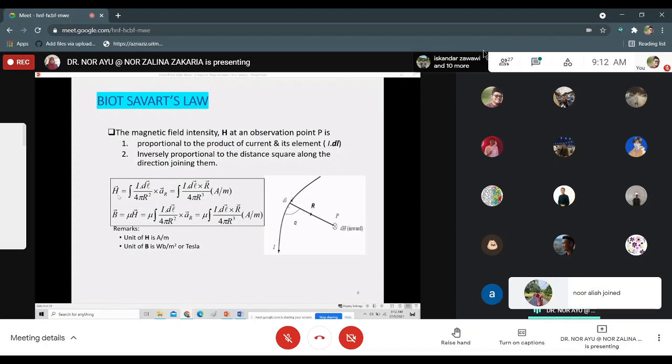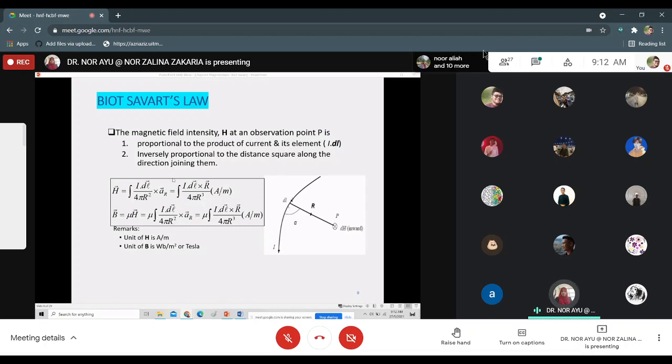So you can see here, H is equal to the integration of I dl cross aR divided by 4 pi R squared.